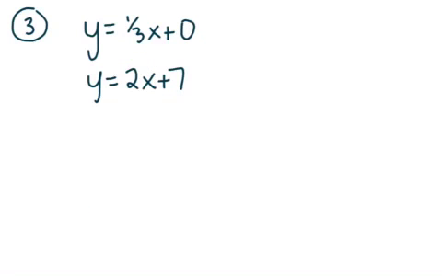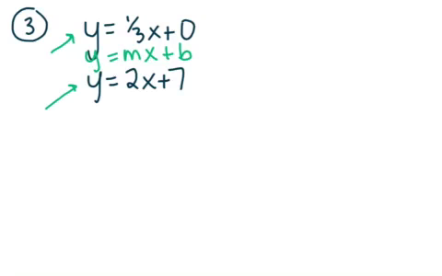Here's my next one. So this one looks pretty different from the last one, so let's talk about that. Notice that they both have y isolated here and here. And not only that, they're both in y equals mx plus b form, which is called slope-intercept form.